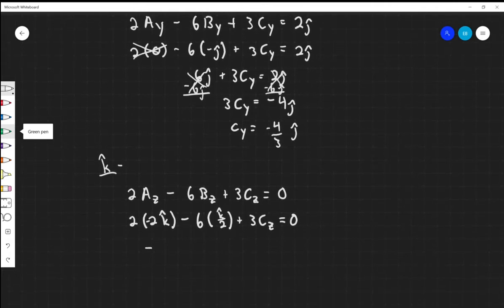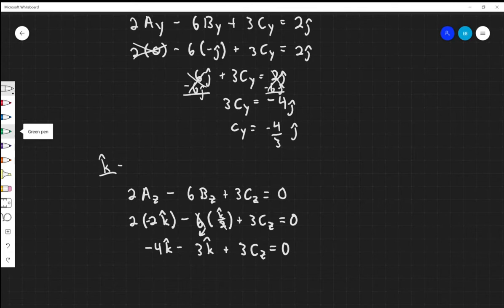Multiply this out: negative 4k hat minus 3k hat. 6 divided by 2 gives me that 3, plus 3 times cz has to give me 0.